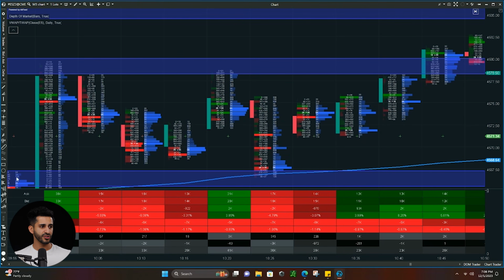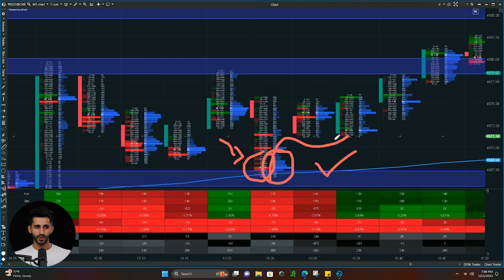There were not a lot of transactions or activity happening above here or down here. Even though the body was here, I'm seeing most of the transactions happen here. So I'm able to see the shift in transactions, and I'm also able to see that with all the volume being here and us getting negative delta, sellers are aggressively selling, but price is holding. That confirms the move of potentially going higher.